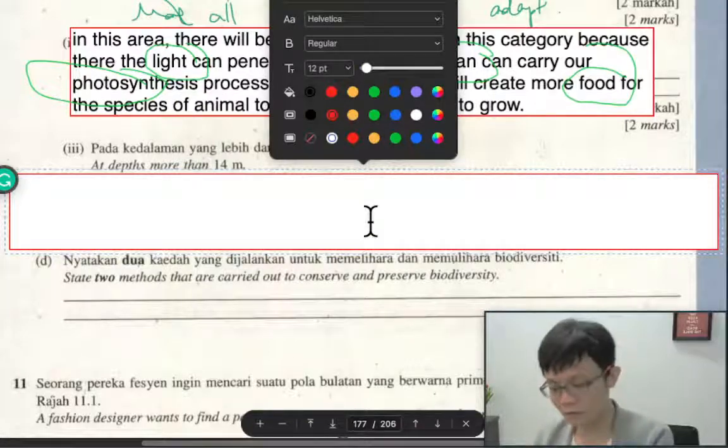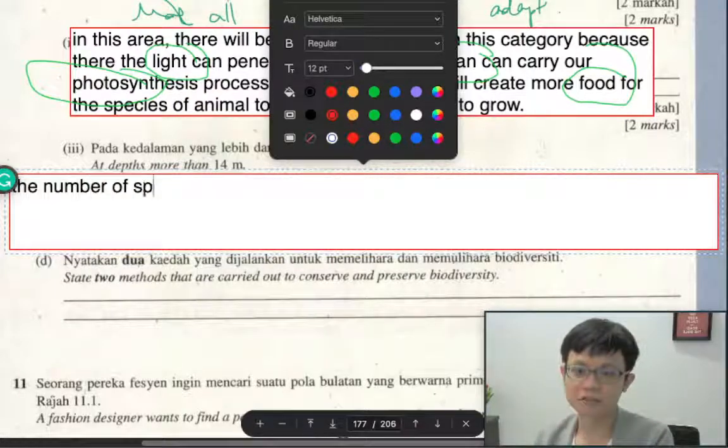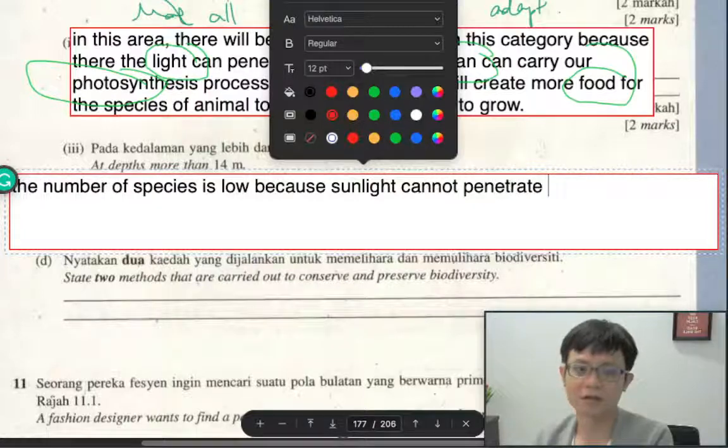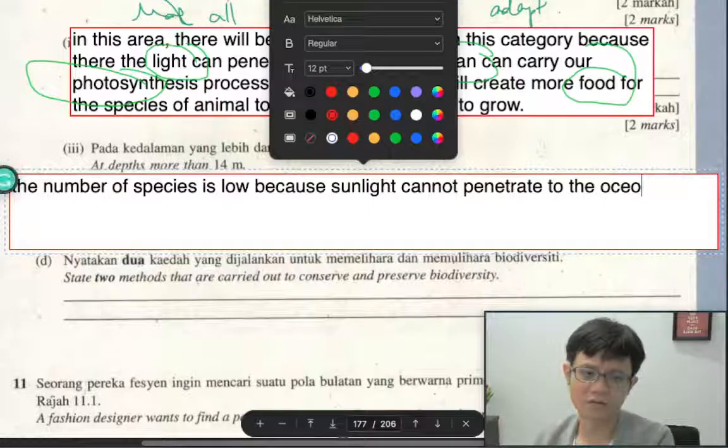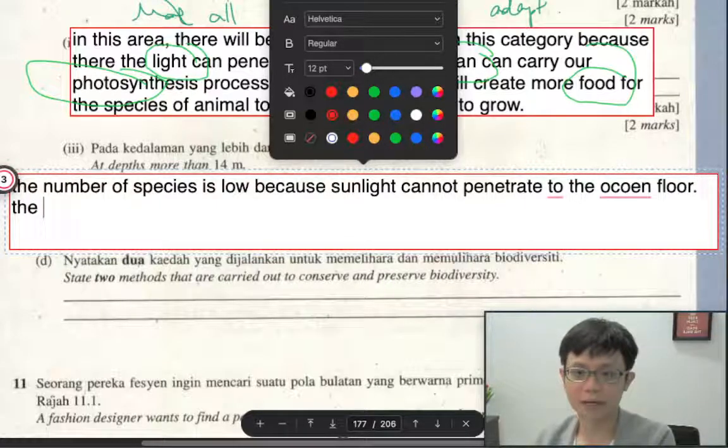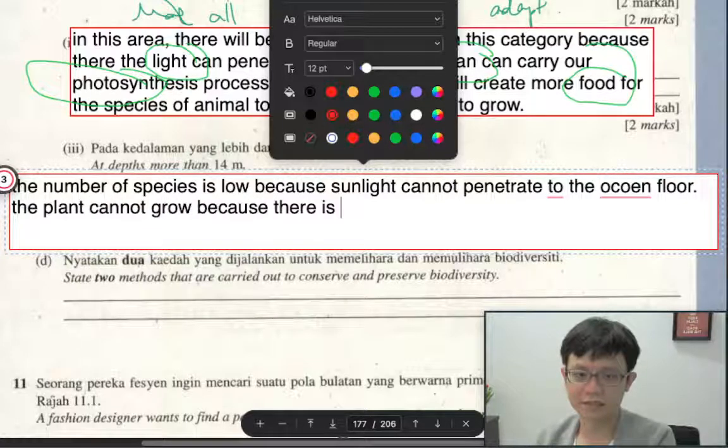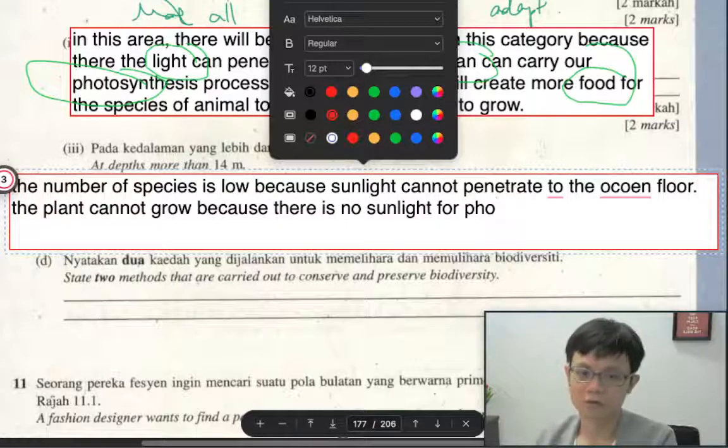Maybe you can say the number of species is low because sunlight cannot penetrate to the ocean floor, then you can say the plant cannot grow because there is no sunlight for photosynthesis.